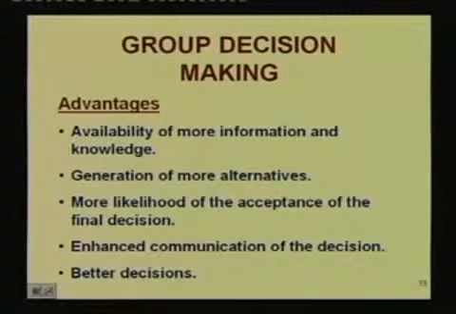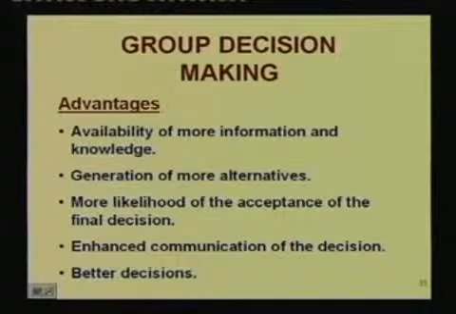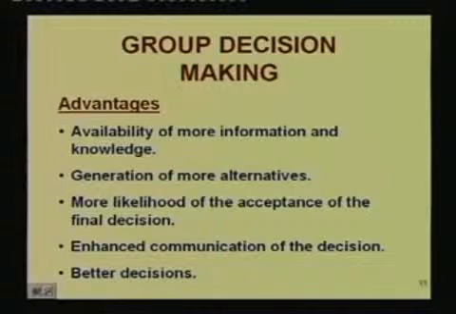Finally, some advantages and disadvantages of group decision making. Advantages: availability of more information and knowledge, generation of more alternatives, more likelihood of the acceptance of the final decision because the group is involved, enhanced communication of the decision, and better decisions. So what happens if you can do an NGT, or if you even have an interacting group?